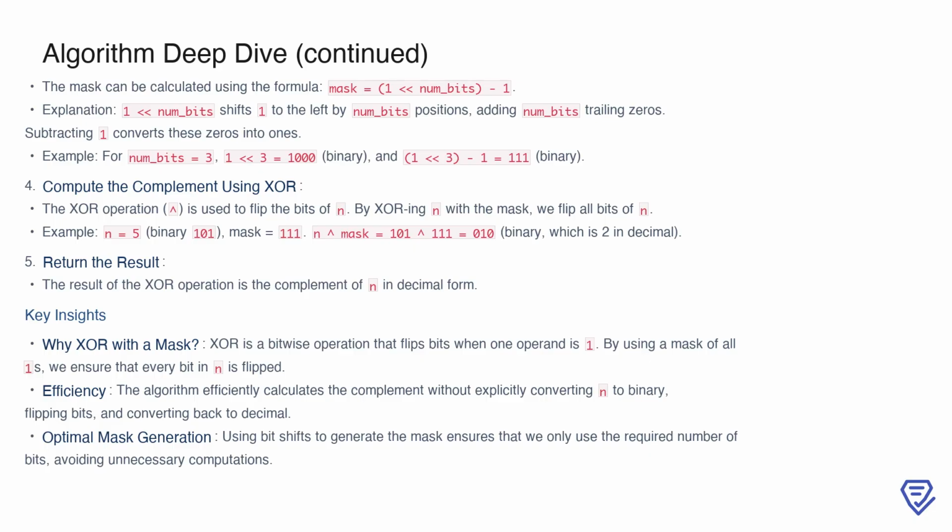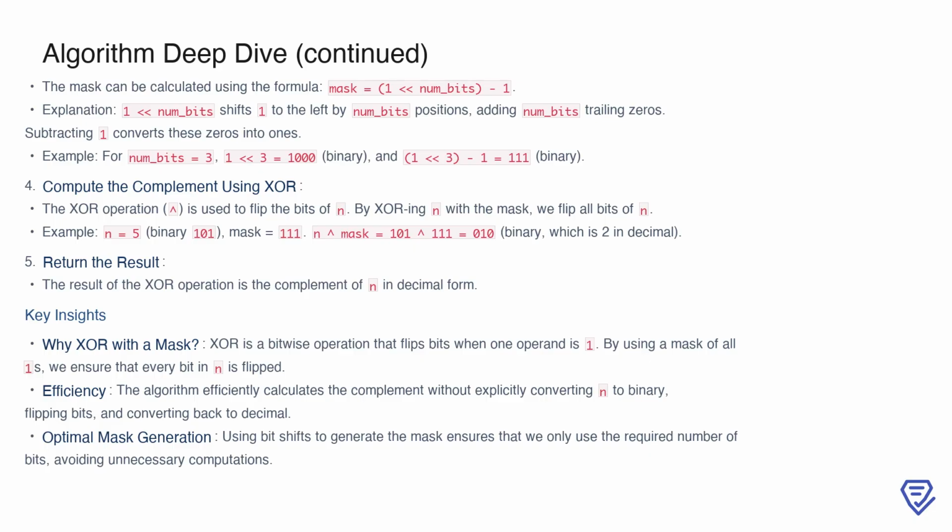Once the mask is created, we use the XOR operation to compute the complement of n. XOR, or exclusive OR, is a bitwise operation that flips a bit when it is paired with a 1. By XORing n with the mask, we effectively flip all the bits in n. For example, if n equals 5, binary 101, and the mask is 111, the result of n ^ mask is 101 XOR 111, which equals 010 in binary, or 2 in decimal.